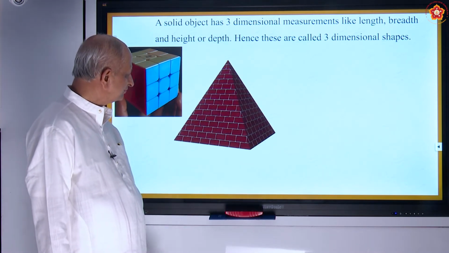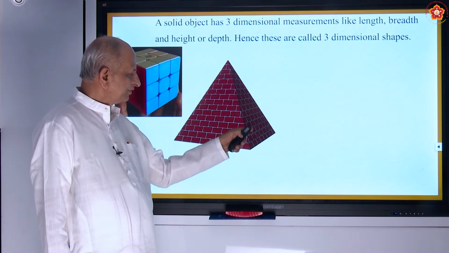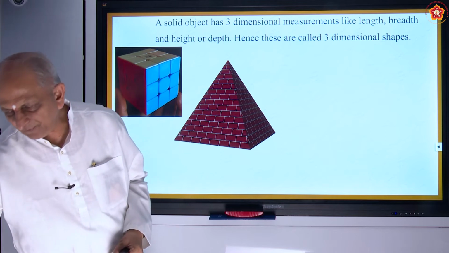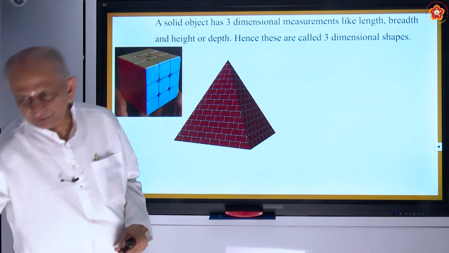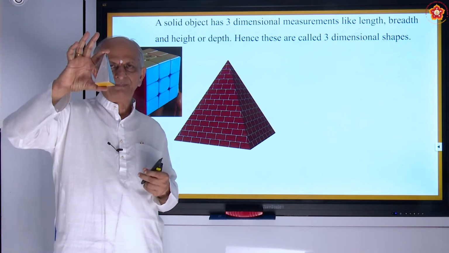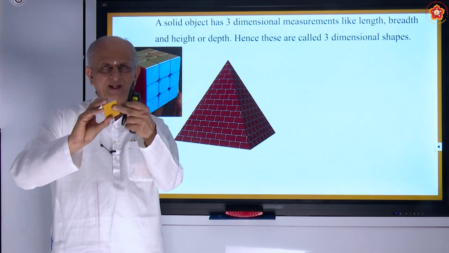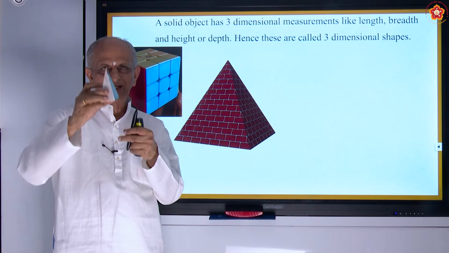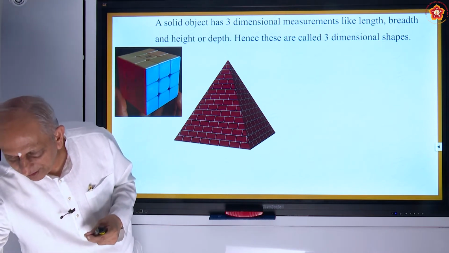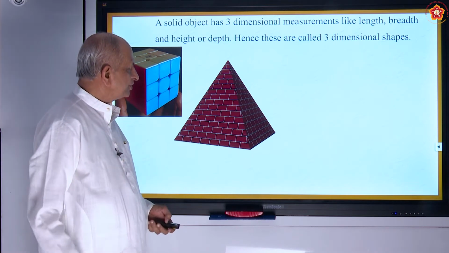Then what is this called? Square based pyramid. You have heard about the pyramids of Egypt. There will be a vertex at the top, there will be a base that is square here, and these are called lateral surfaces. So it is a three-dimensional shape.